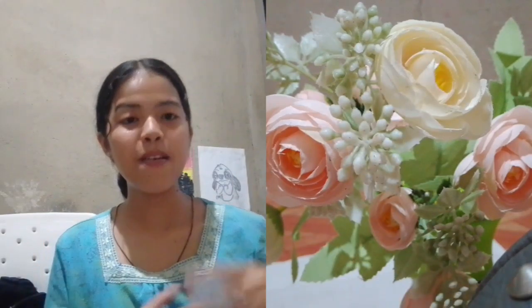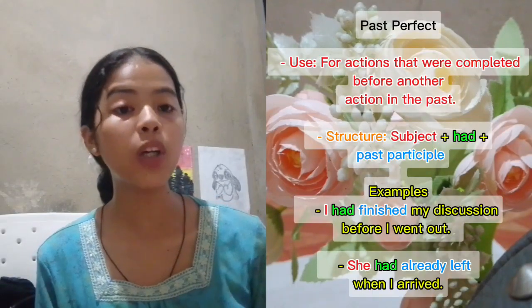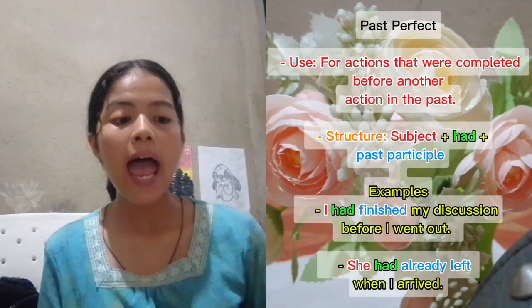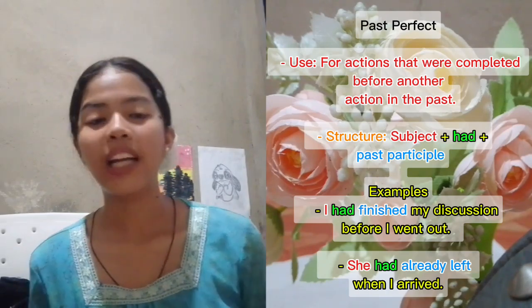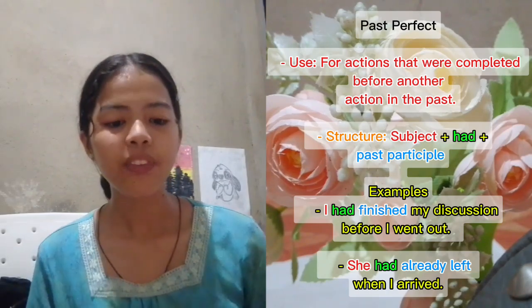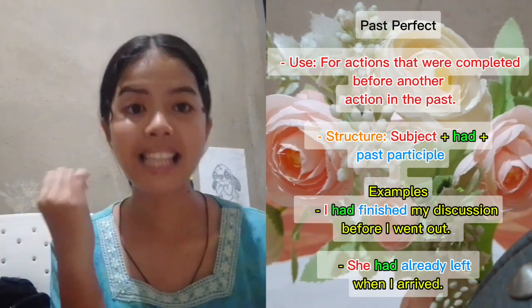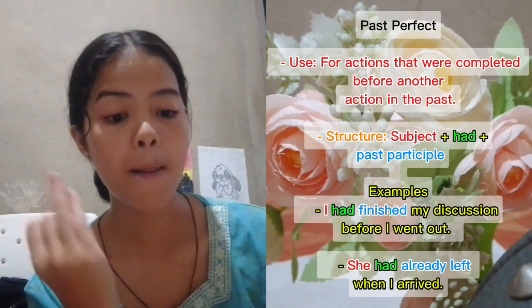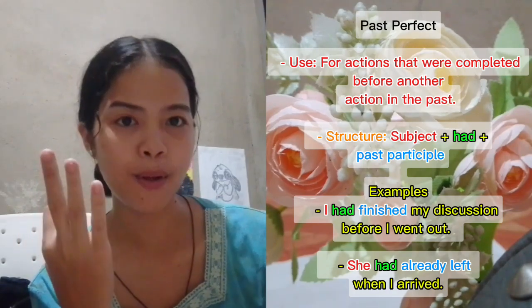The past perfect is used for actions that were completed before another action in the past. Here is the structure. The structure is subject plus had plus past participle.